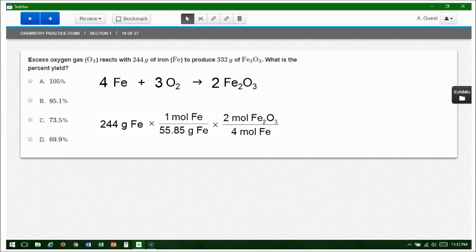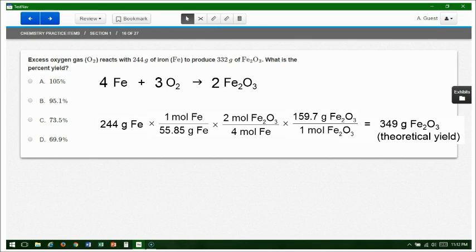The periodic table is our third step. So the total mass of Fe2O3, if we add up 2 irons and 3 oxygens, that works out to be 159.7 grams of Fe2O3 per mole. So 244 divided by 55.85 times 2 divided by 4 times 159.7, that gives us our theoretical yield.